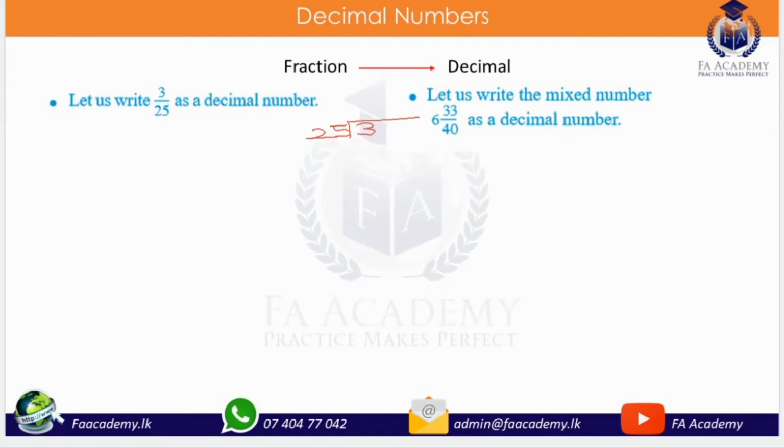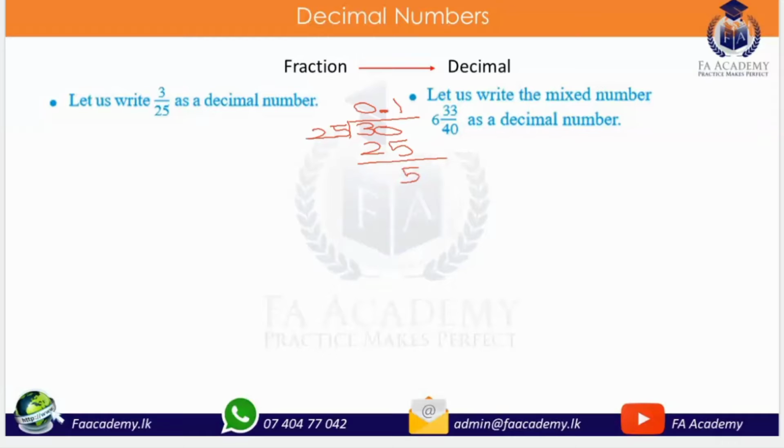When I check how many 25s are there for 3, there's no 25 for 3. So then you have to make it as 30. When we add an extra 0, we have to make sure to keep a decimal point on top. For 30, there is one 25. So 25 times 1 is 25. Do the subtraction and get the remainder as 5.